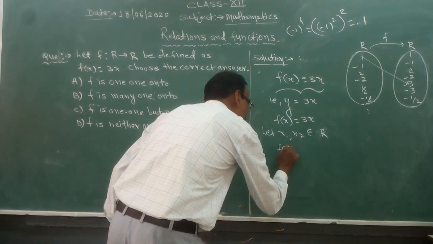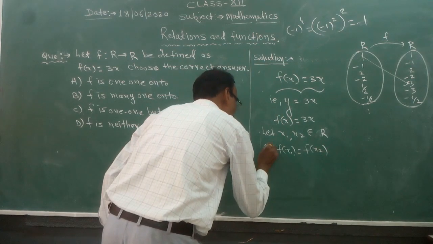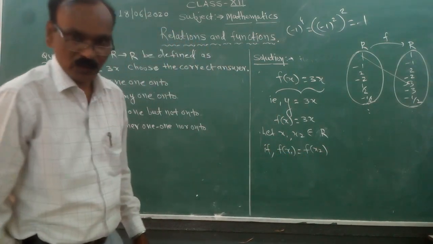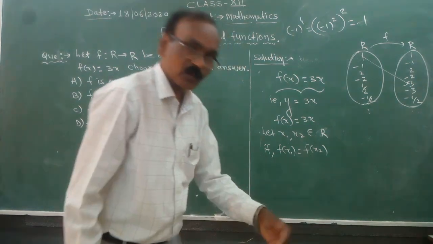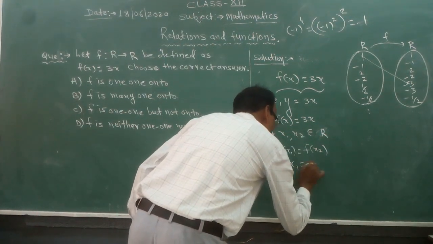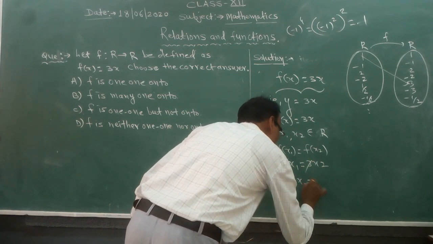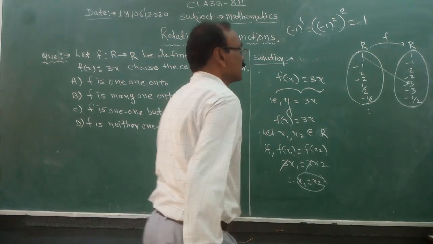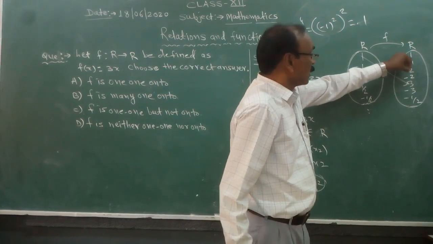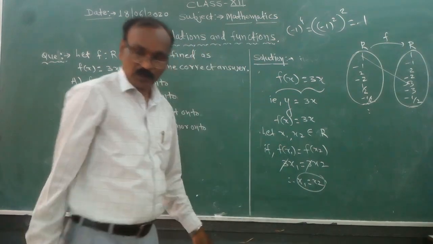Then if f of x1 equals f of x2, we must show that x1 should equal x2. So f of x1 means 3x1 equals 3x2, cancelling these 3, therefore x1 equals x2. Yes, if f of x1 and f of x2 are equal, then x1 and x2 are also equal. So it is a one-one function.